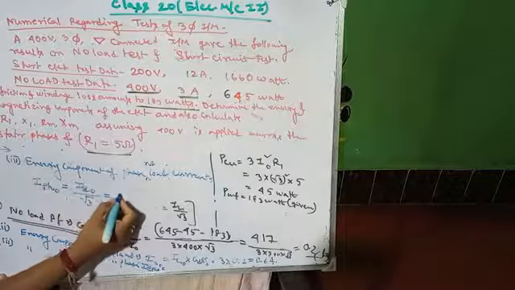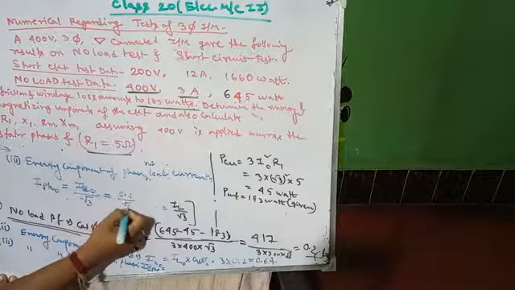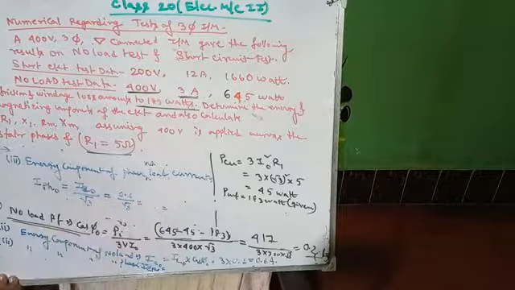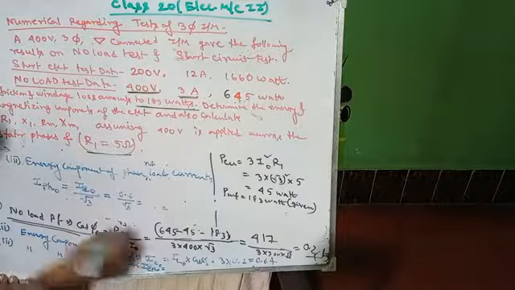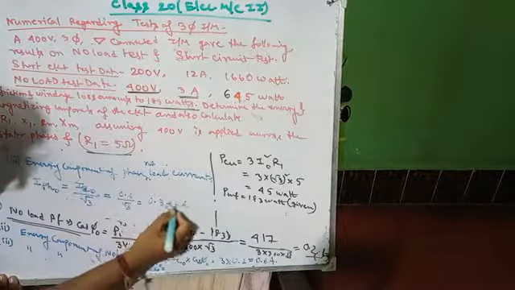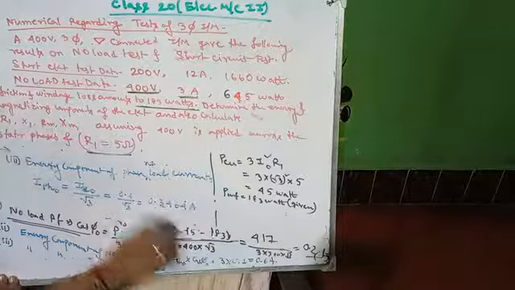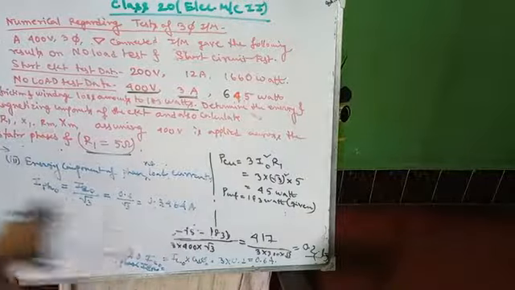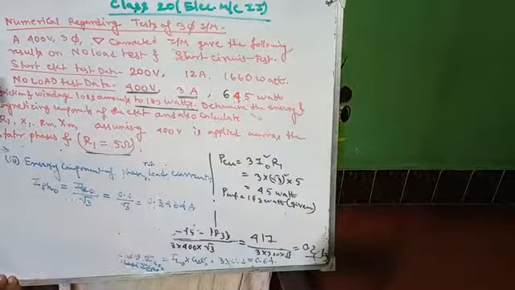So that will be 0.6 by root 3, and the answer will be 0.3464 ampere. Okay, so this is your third one. Now I will move on to the fourth one.